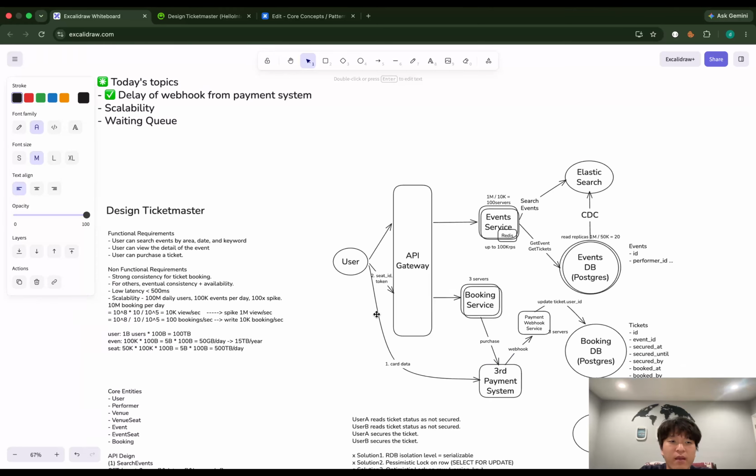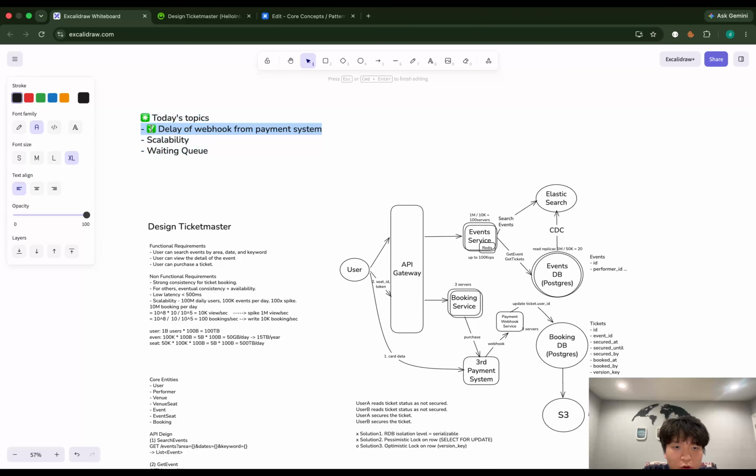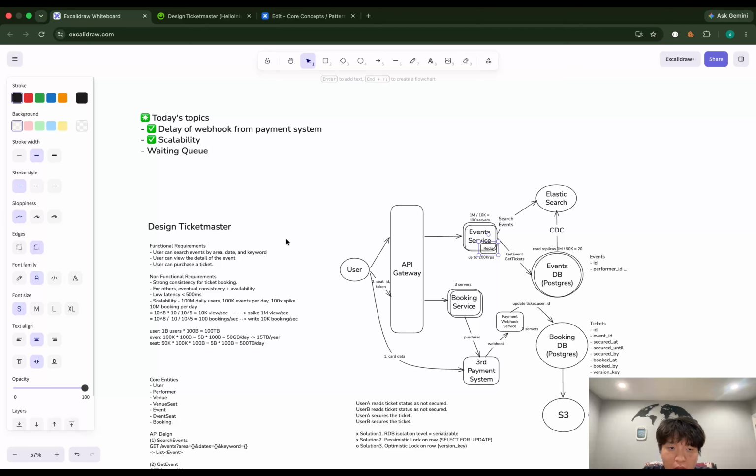Okay. Now I will talk about the final topic, which is the waiting queue. So here I will talk about the problem of this current system. Even though we introduced the ticket securing mechanism, the problem is, let's say Taylor Swift announces a concert.